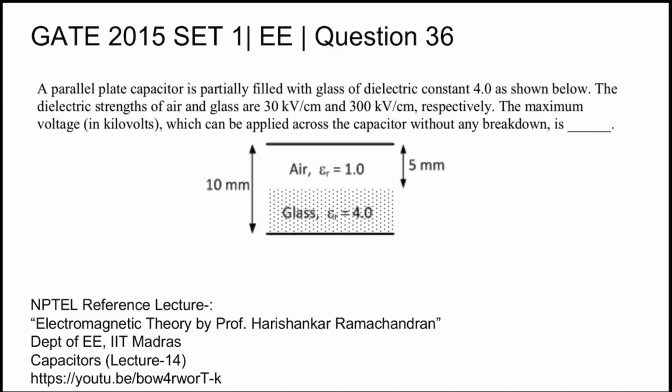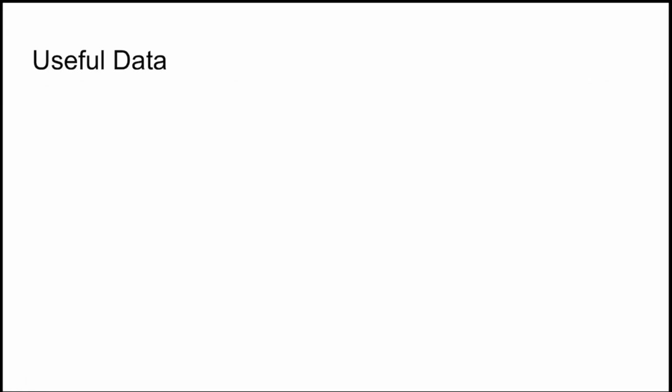So let's come to the useful information that we'll be needing in order to solve this question. Now see, capacitance is A epsilon by D, which is nothing but the area of the plates times epsilon naught epsilon r, where epsilon naught is the permittivity of free space, divided by the separation between the plates. So this is A, this is D, and the material has permittivity epsilon naught epsilon r.